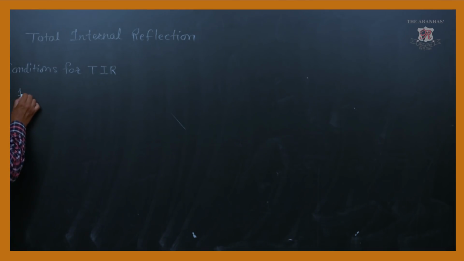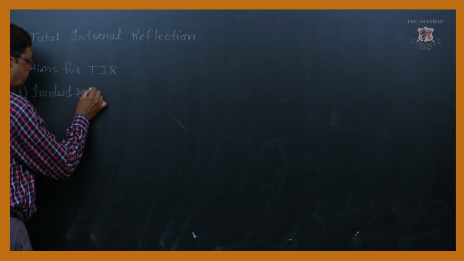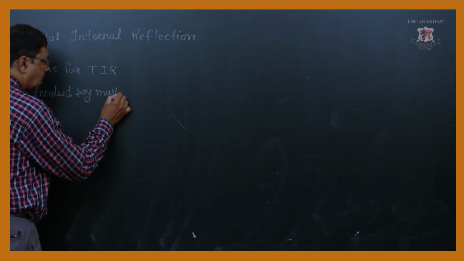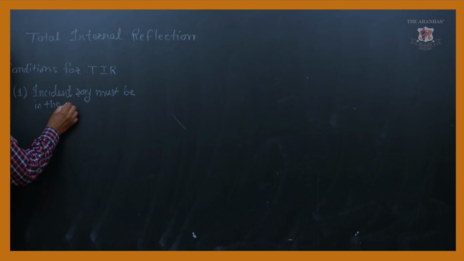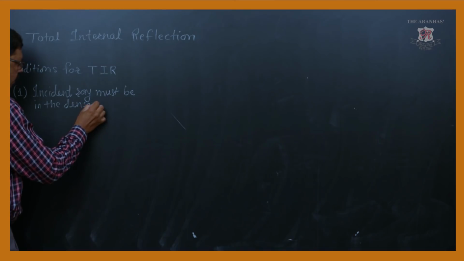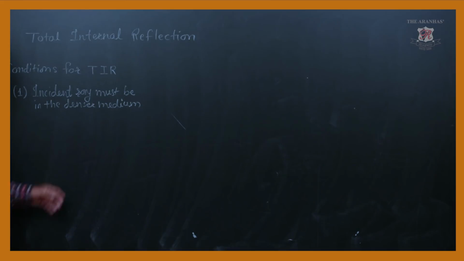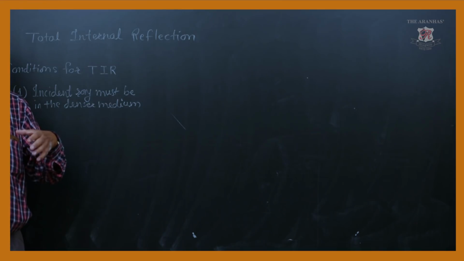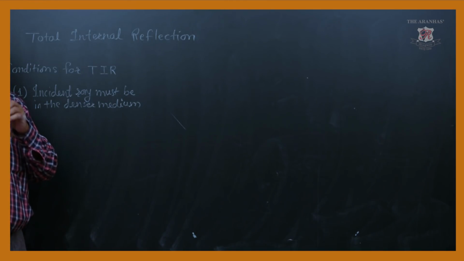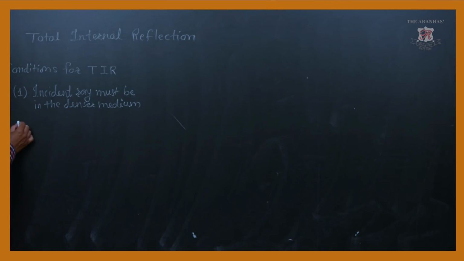The first condition is incident ray must be in the denser medium. Means this phenomenon cannot occur if you are keeping the source of light in the rarer medium. You have to keep the source of light in the denser medium, and then only total internal reflection will occur.